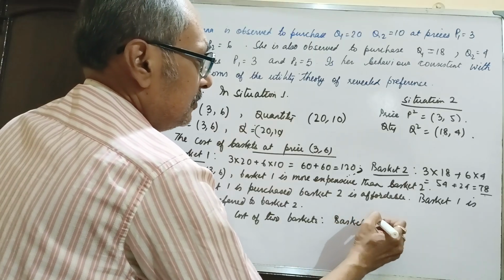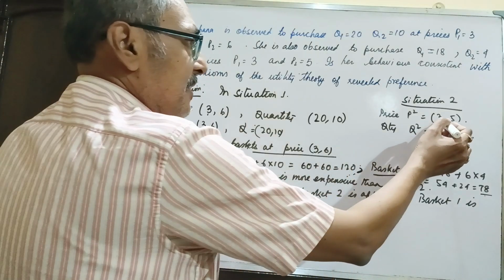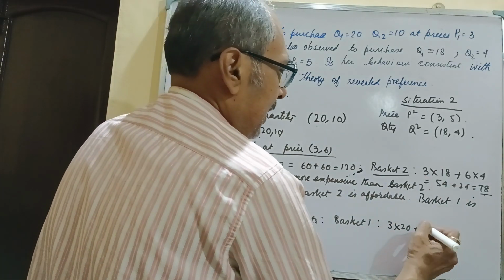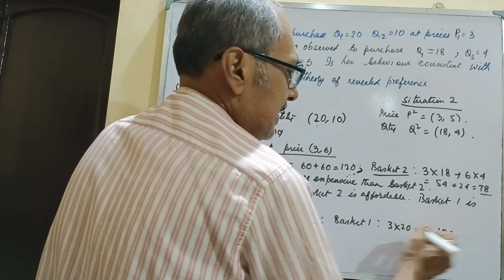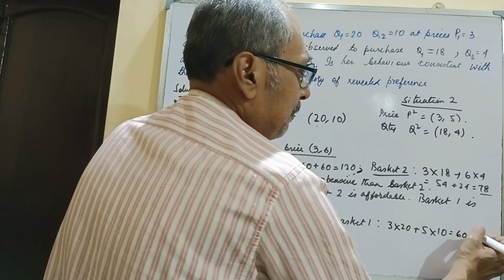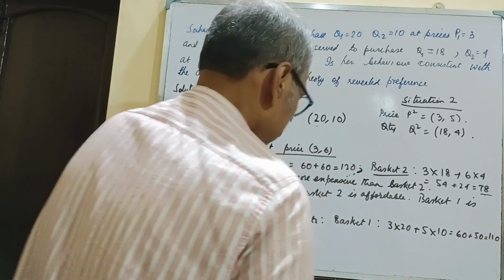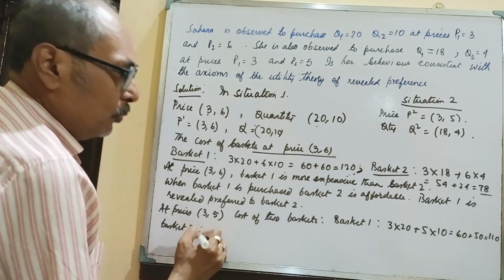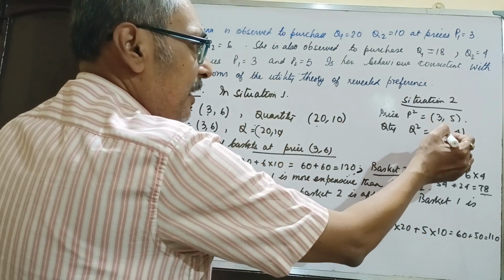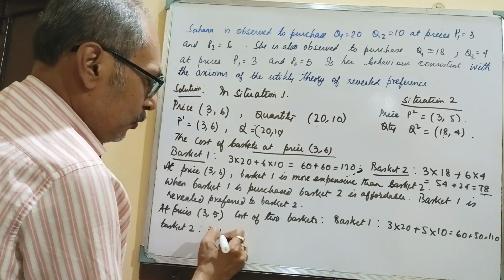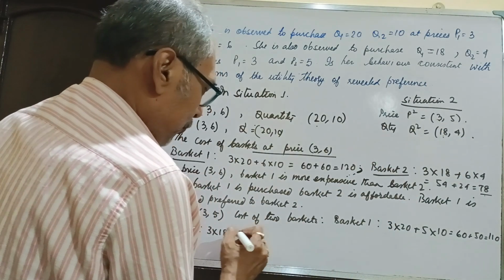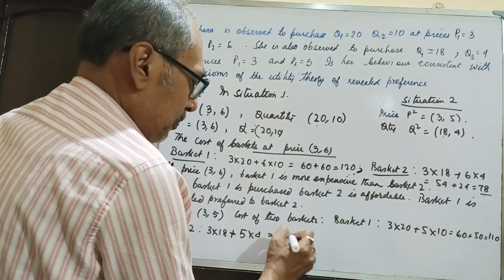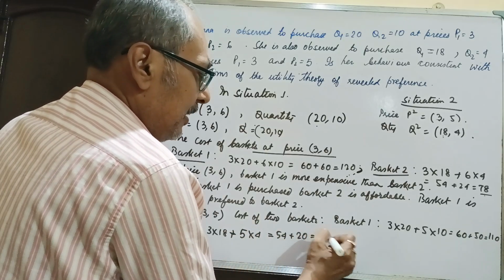Basket 1 at this price: 3 into 20 plus 5 into 10, this is 60 plus 50, this is 110. And for basket 2, it is 3 into 18 plus 5 into 4, 54 plus 20, this is 74.